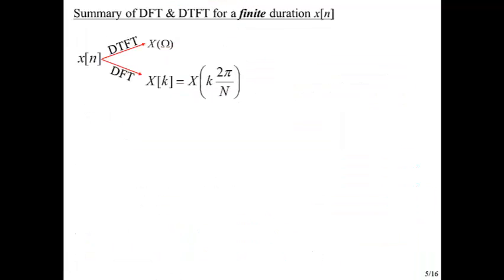So summarizing, for the finite duration case, these signal samples give us X of omega. These signal samples give us the X of k, but the X of k are just perfect samples on the DTFT.